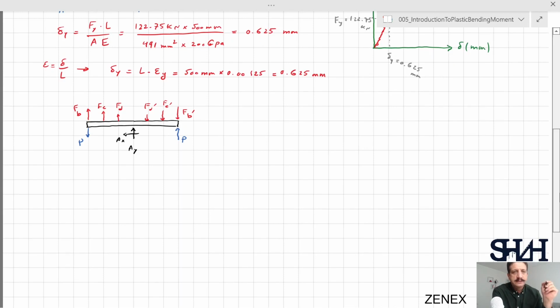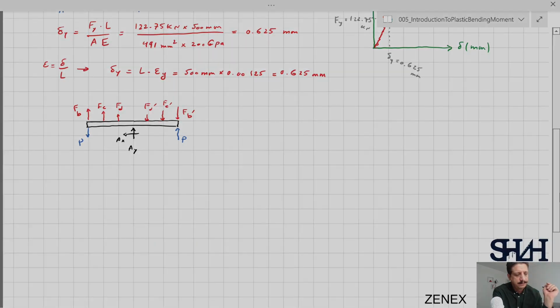And as far as the system is symmetric, then FB is expected to be the same as FB prime if the material is homogeneous and it behaves the same way in tension and compression. In this example, we assume that we are dealing with a material whose behavior is the same in compression and tension.